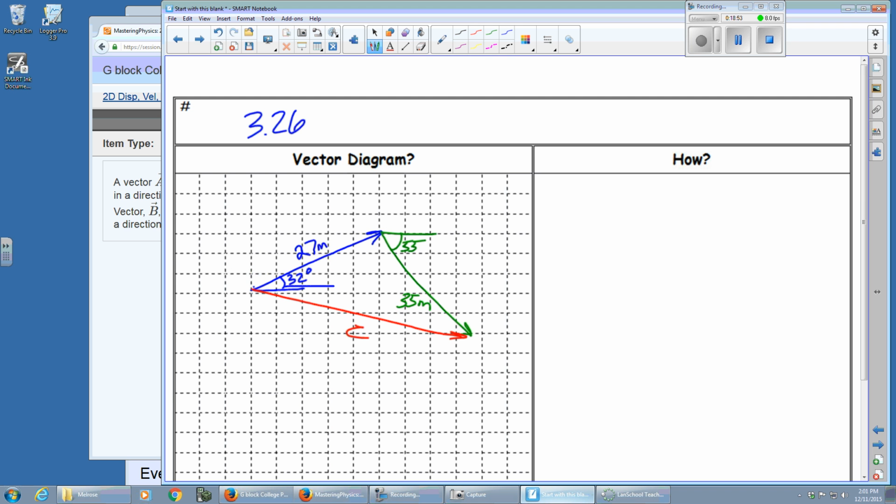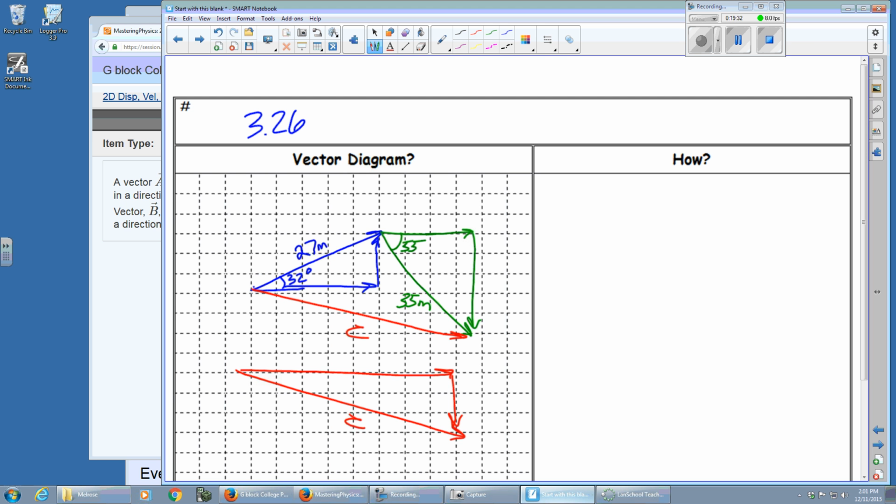If I do the components of each of these, I can end up making a right triangle by saying I've got C here, and the parts add up to the whole. It's like if I've got a couple of boxes of stuff, and I add up all the stuff, I get the same as adding up the two boxes, right?